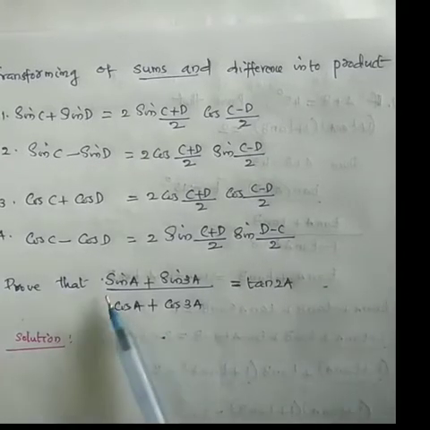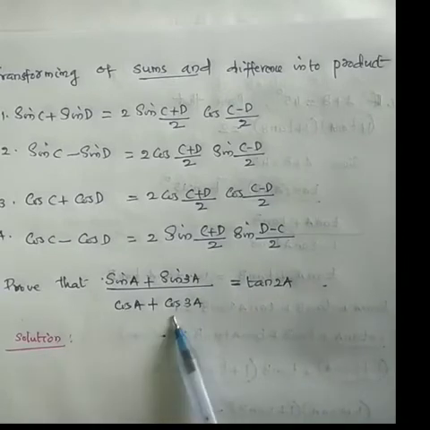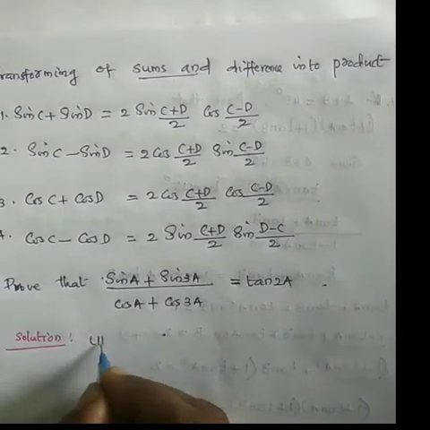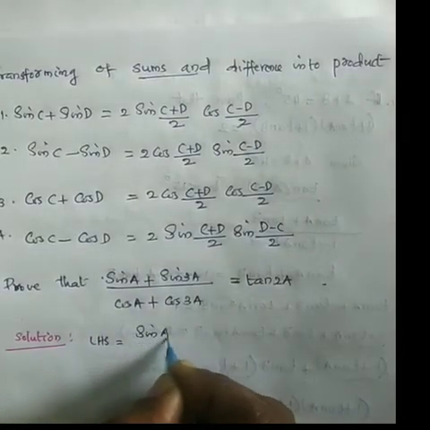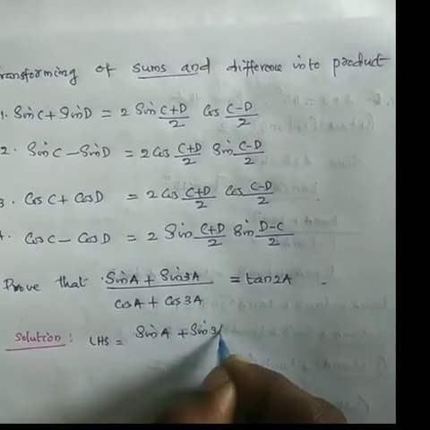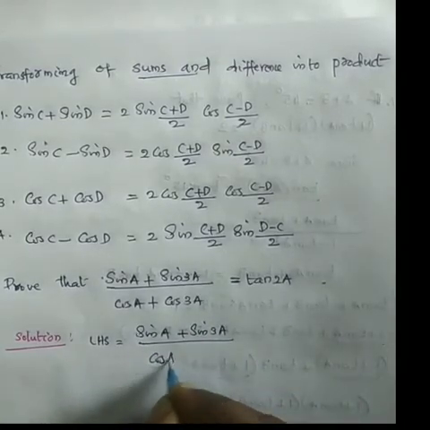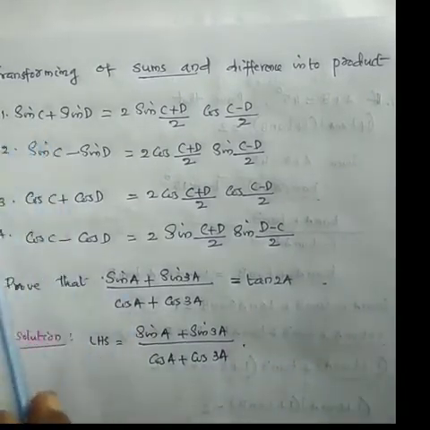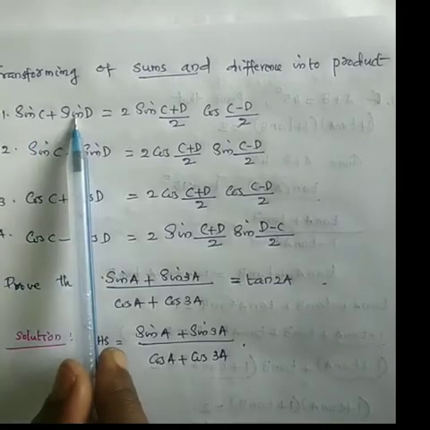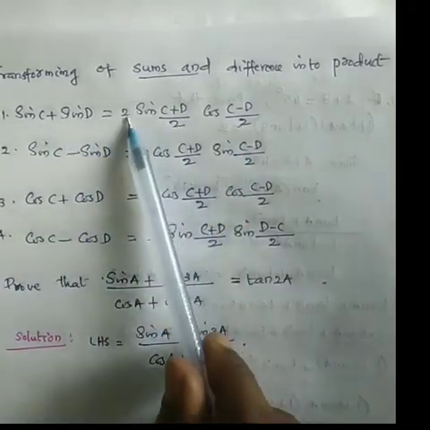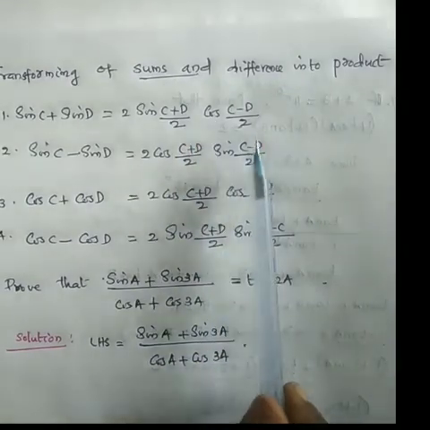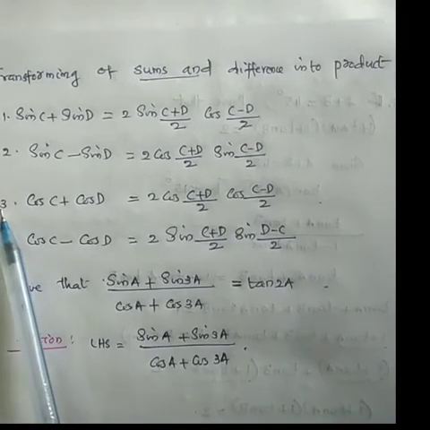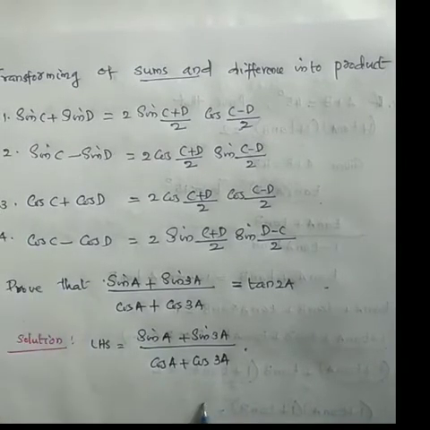Prove that (sin A + sin 3A) divided by (cos A + cos 3A) equals tan 2A. Solution: take the LHS. LHS equals (sin A + sin 3A) divided by (cos A + cos 3A). The numerator is of the form sin C + sin D, which is 2 sin((C+D)/2) cos((C-D)/2), and the denominator is of the form of formula 3, cos A + cos 3A.